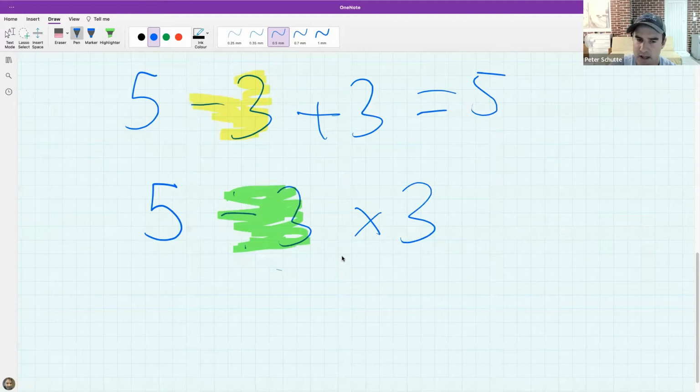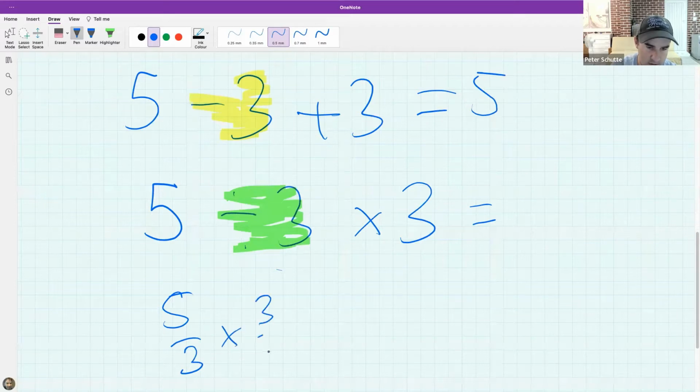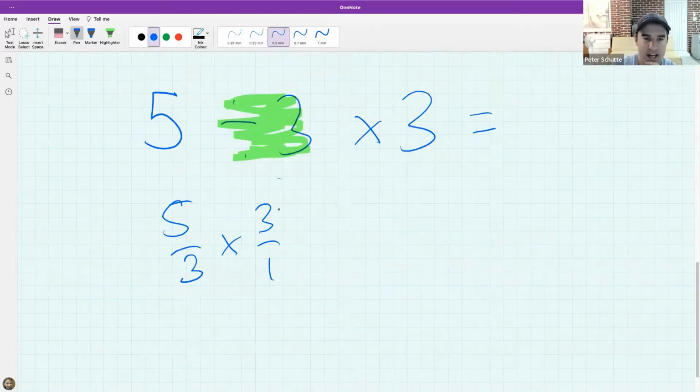Another way of writing this is like that. And what we say is that when we divide by 3 and times by 3, these two cancel out and we get back to the very beginning. We get back to 5.